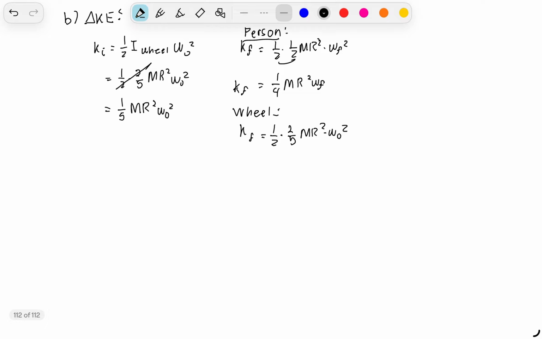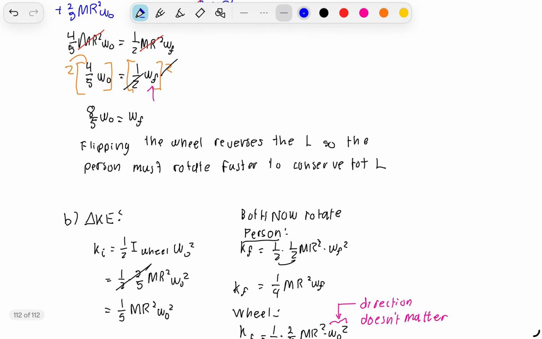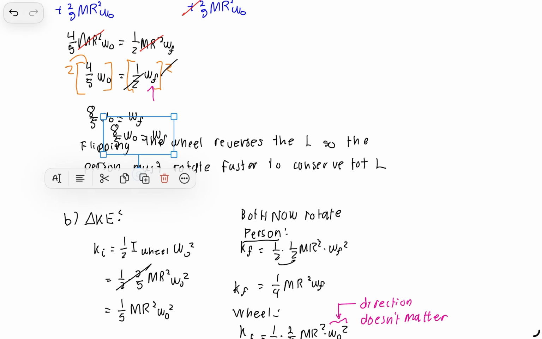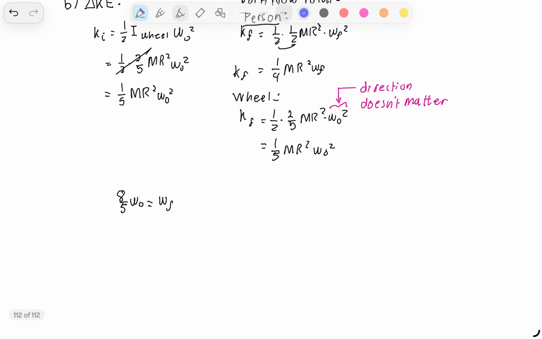So kinetic energy is dependent on omega squared. Because it's squared, that means that direction doesn't matter because it's always going to be positive. This is equal to 1/5 mass radius squared omega initial squared. So now if we have our omega final, which is this expression, we can actually substitute this in.